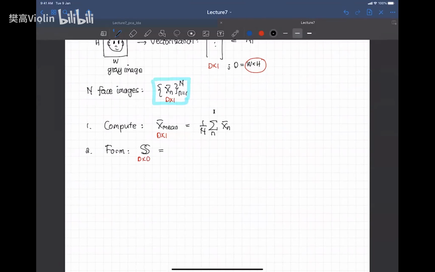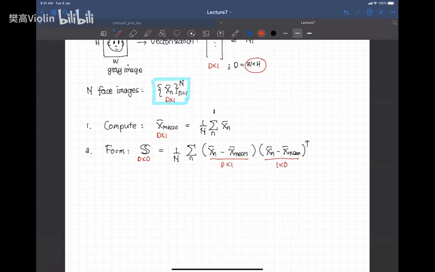S equals 1 over n, sum over n, of (x_n bar minus x mean) multiplied by (x_n bar minus x mean) transpose. So this one is d by 1, and this one is 1 by d. Any questions here for step 2?